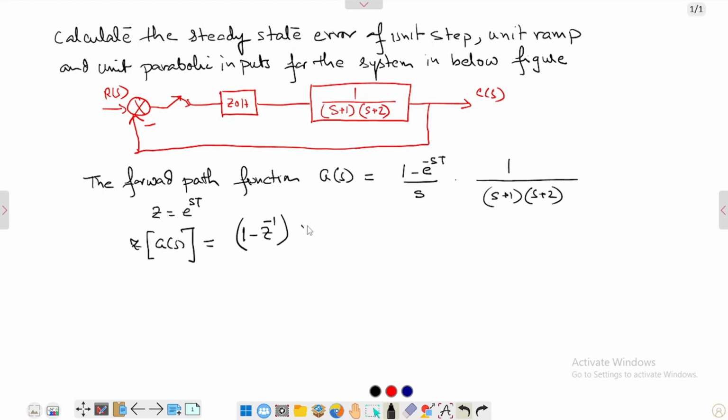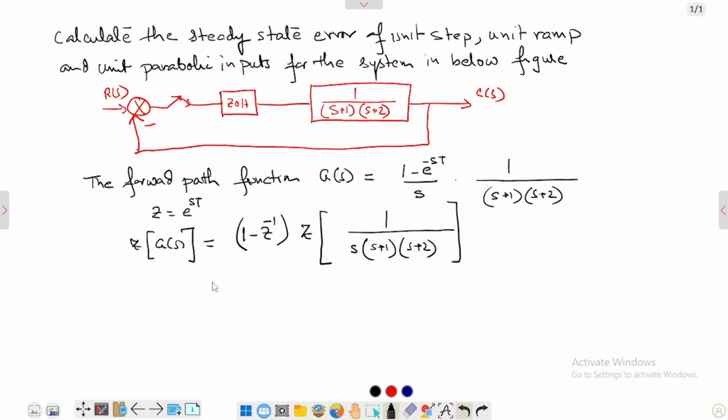And then I will find the Z transform of 1 divided by s(s plus 1)(s plus 2), so that I can get the function G(z).